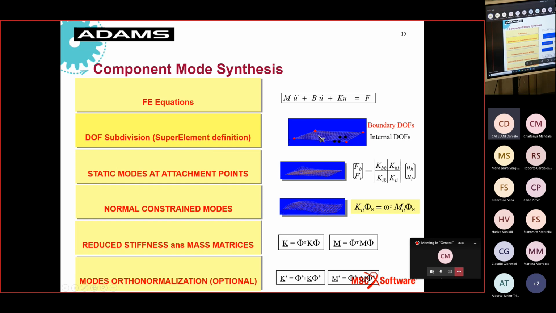The finite element code automatically performs static modal analysis, dynamic modal analysis, and the orthonormalization procedure to provide a more efficient representation of the results. And I will show all the steps later when I use an example. Okay?